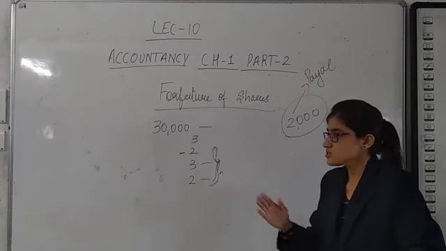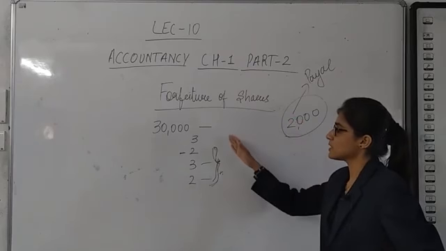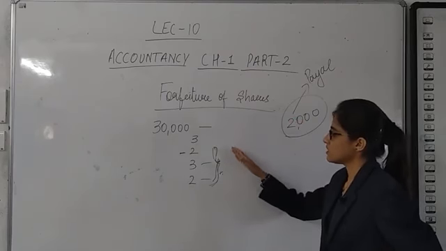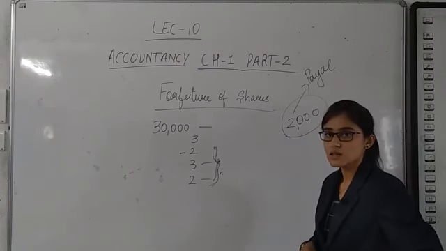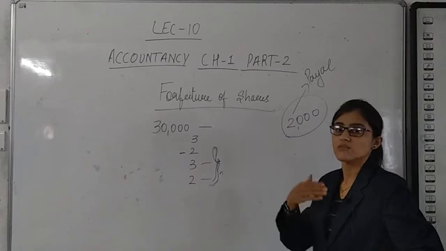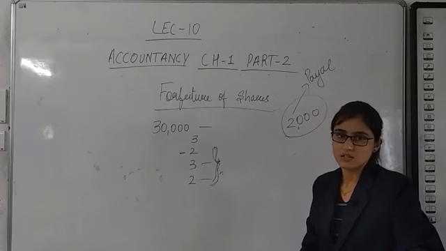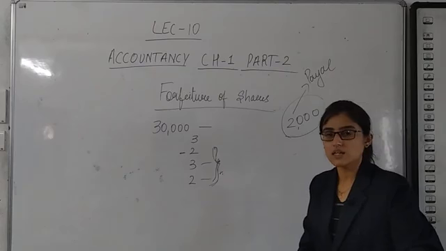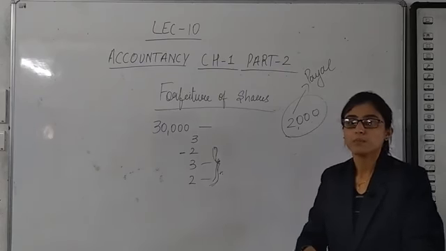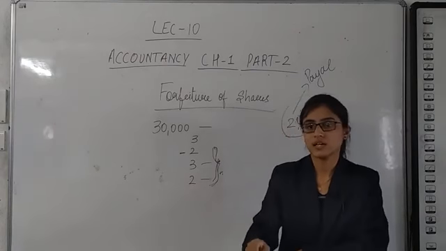Once you write down the necessary journal entries for application, allotment, first call, and then final call, thereafter you have to write down a journal entry for forfeiture of shares. The same journal entry is given on page number 25 in your textbook.